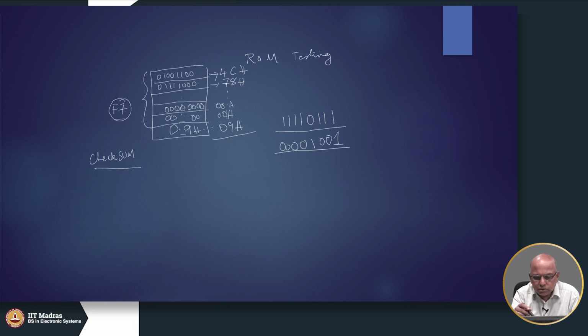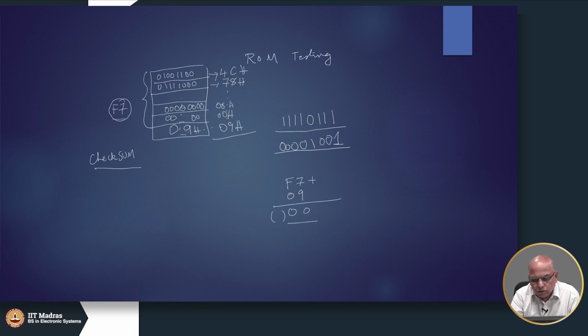So, what did we do? The empty bytes that we did not want to use, there we stored zeros except in one location where we stored the negative sum. So, now if you go ahead and do the addition, you will realize that the sum will become 0. So, F7 plus 09, right, will be 0. Ignore the carry.